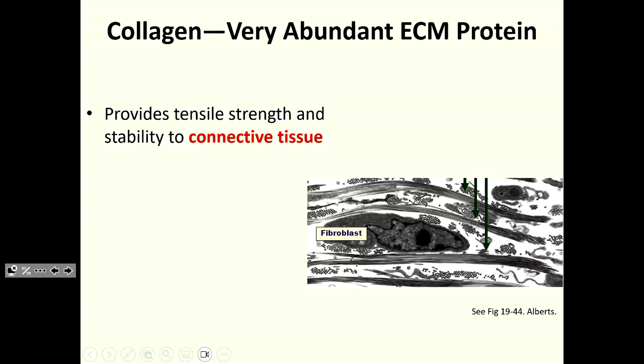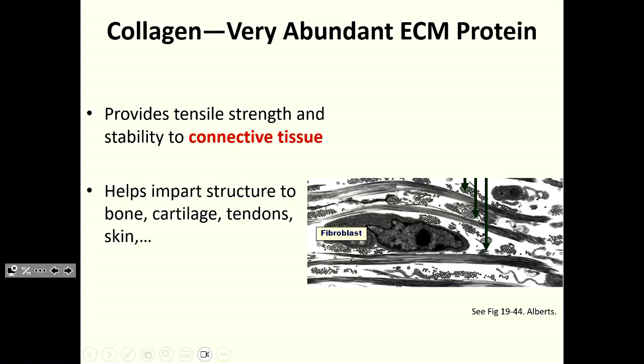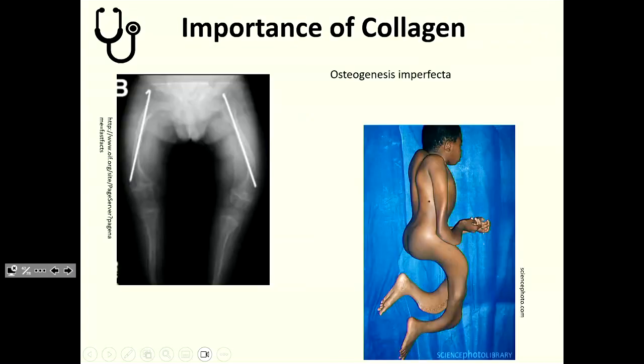So collagen helps provide tensile strength, imparts structure, and so on. These are extreme cases, but they're showing you on the left having to put metal pins to try to straighten that leg. This is another, some other cases of collagen defects. And on the right, where the bone is really curved, not OI, but defects in collagen that will affect the structure and shape of the tissue, in this case, the bone.